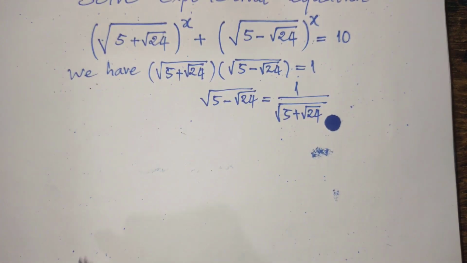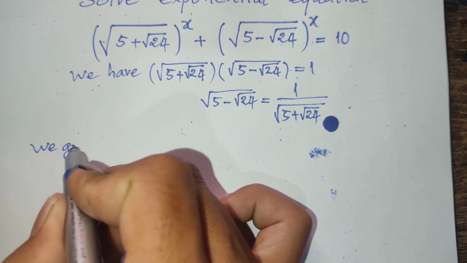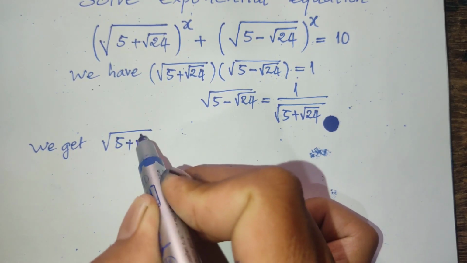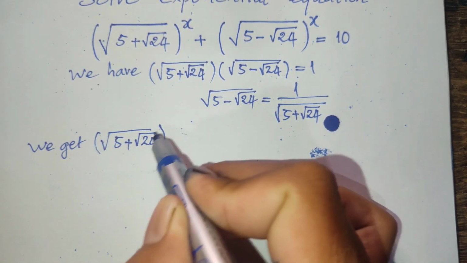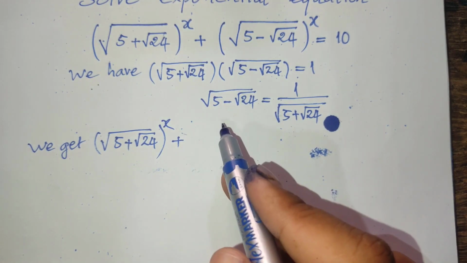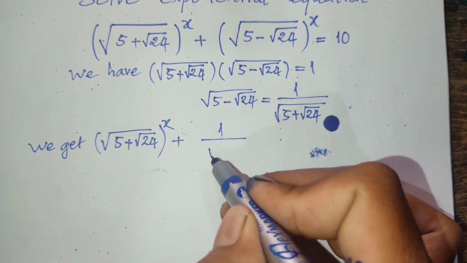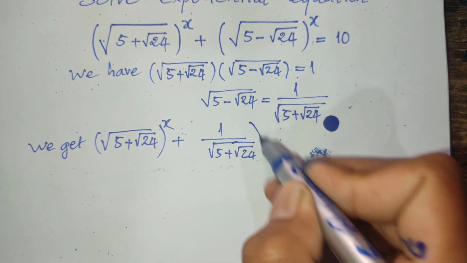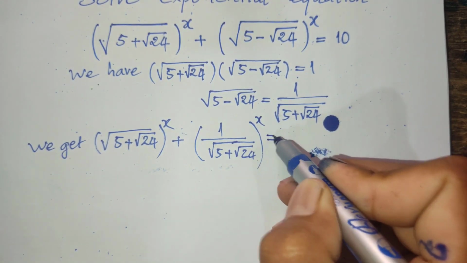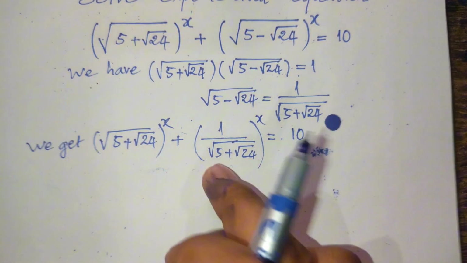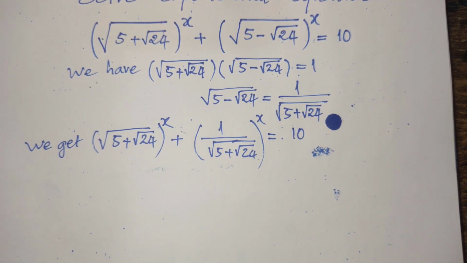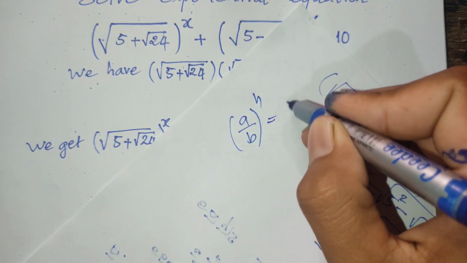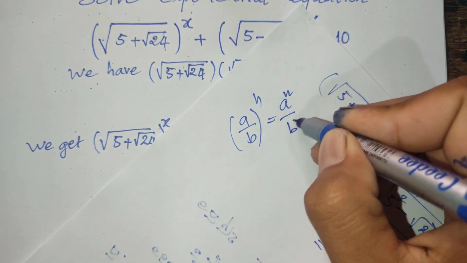So we get (square root of 5 plus square root of 24) all power 8 plus (1 divided by (square root of 5 plus square root of 24)) all power 8 equals 10. Now I use the rule that (a divided by b) all power n equals a power n divided by b power n.